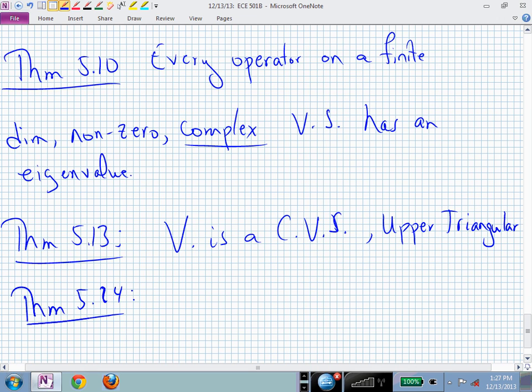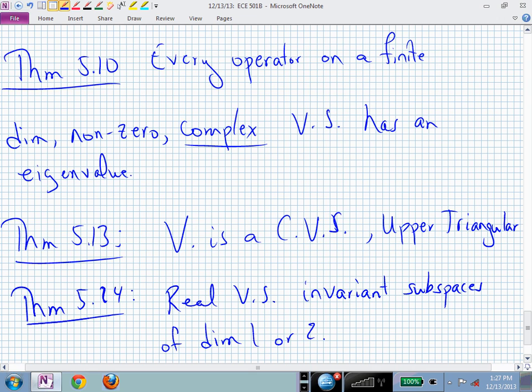Now we are dealing with block upper triangular, because if we have real vector spaces, we now have invariant subspaces of dimension 1 or 2.